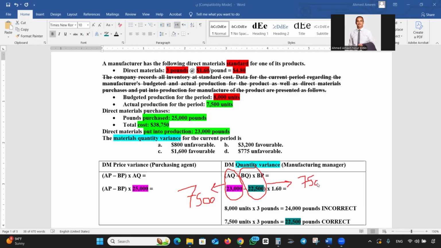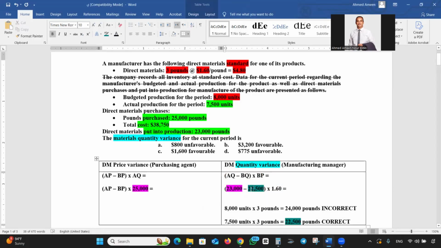To be fair, you have to compare the budgeted amount and the actual amount of direct material used for producing 7,500 finished goods. It is not fair to write 24,000 here.